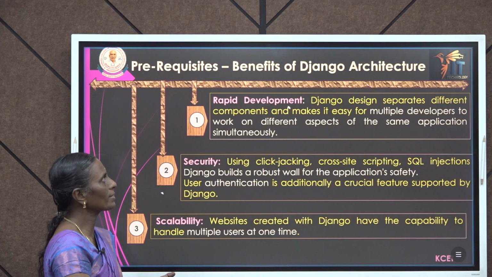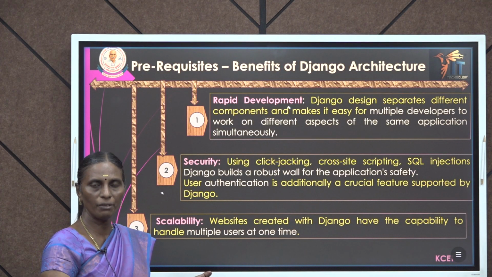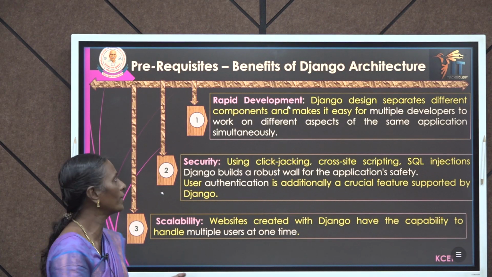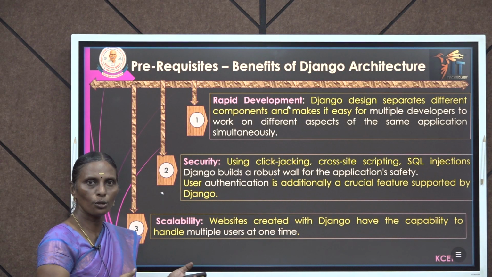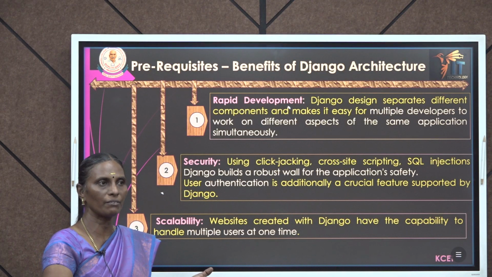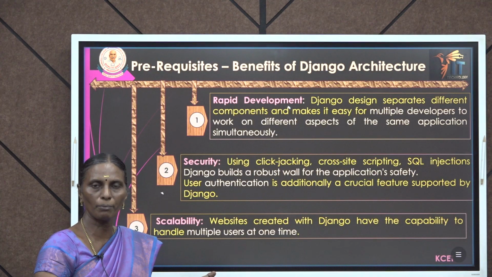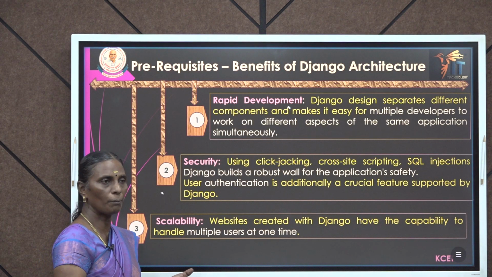So this is the prerequisite, and the benefits of the model view template architecture followed by Django are these. The first is rapid development. You can involve multiple developers in various aspects, and they can work simultaneously. Altogether they can be integrated for a particular web application.